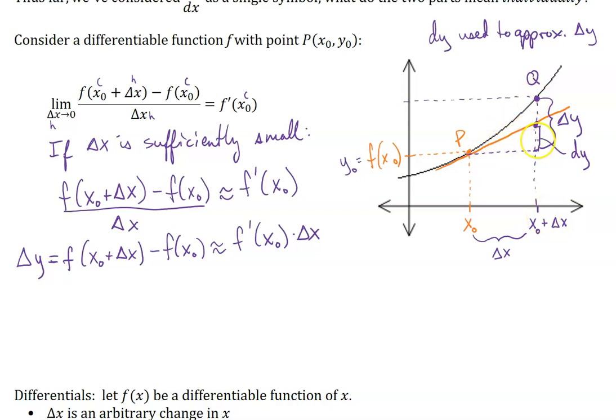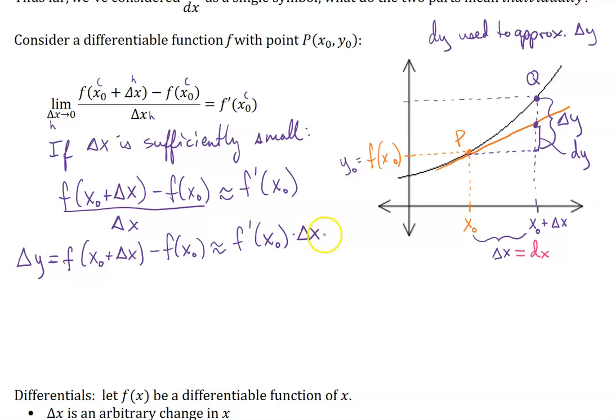All right, so if we're going to use dy to represent the vertical change on the tangent line, the horizontal change on the tangent line is going to be represented by dx. So delta x is exactly equal to dx. Okay, so delta x, horizontal change between point P and Q, is exactly equal to dx, or the differential of x, which is the horizontal change between point P and the point we're using to approximate the height of Q.